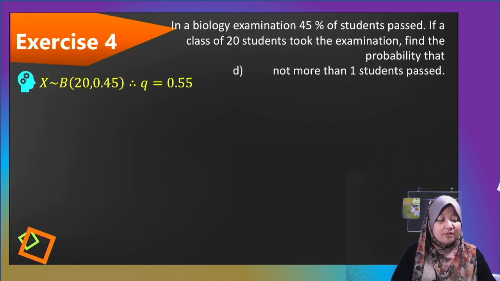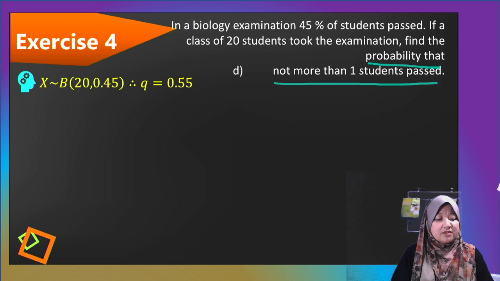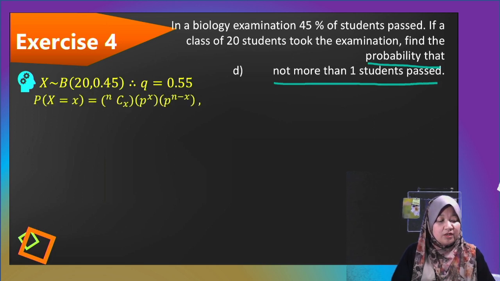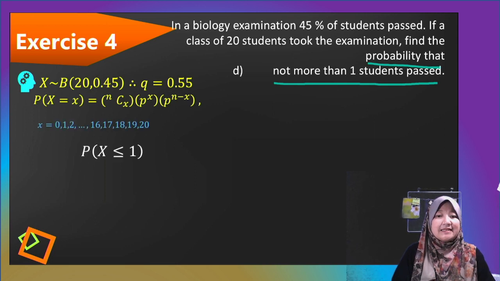Okay, same example also. Find the probability that not more than one student passed. Not more than one student passed. So, apa persamaan dia? X less than or equal to 1. Not more than 1. Maksudnya X maximum number dia adalah 1 lah. Okay.